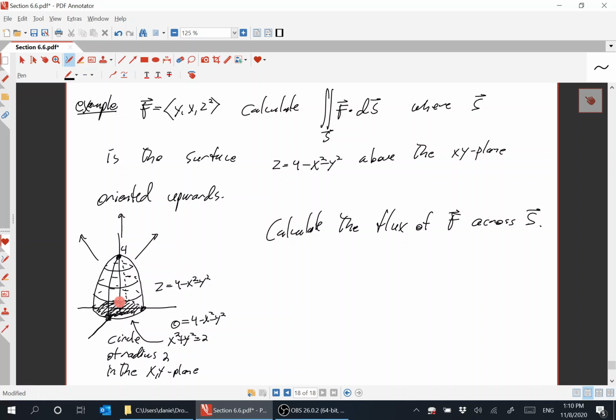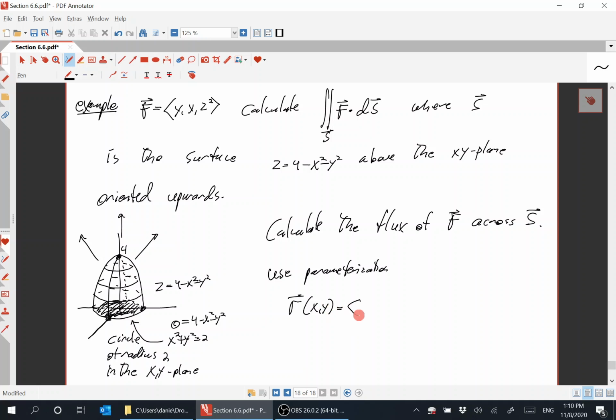Okay, so I'm going to parameterize in the standard way. So use the parameterization for a function z equal to f(x,y).